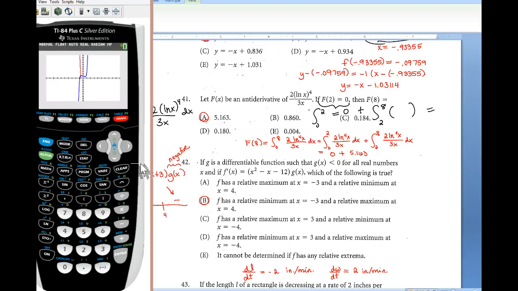Now, we'll also draw tangent lines. So that's what my derivative looks like. If you go to second program, where it says draw, it says tangent.